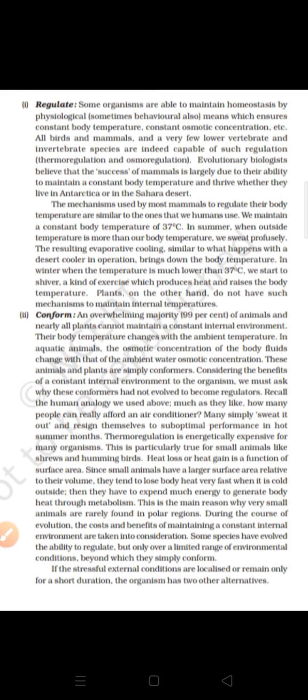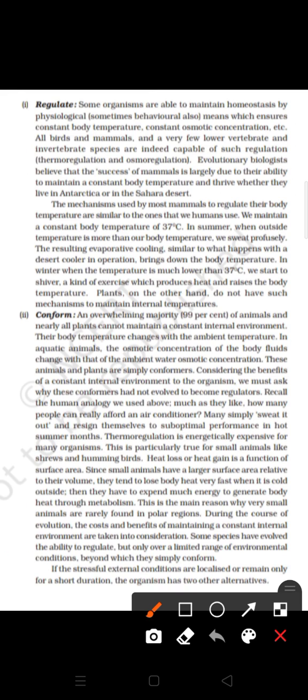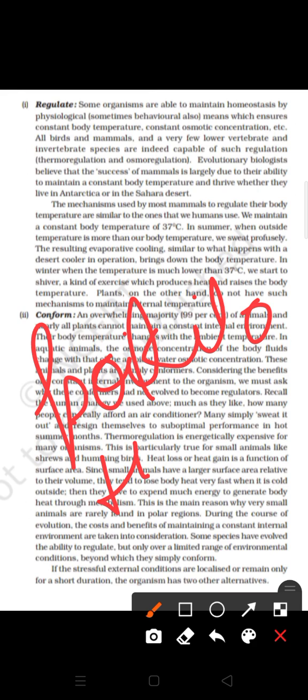Next one is conform. Conform is a strategy of an organism to adjust towards environmental conditions. One example of conformers is poikilotherms. Poikilotherms means organisms which fail to maintain their body temperature constant and change their body temperature with the environment.